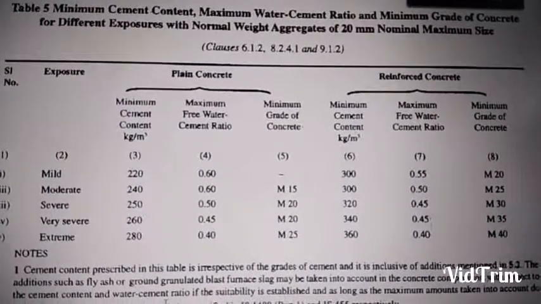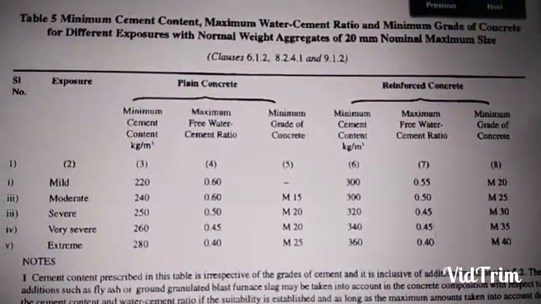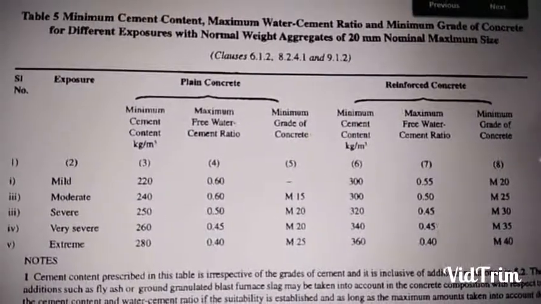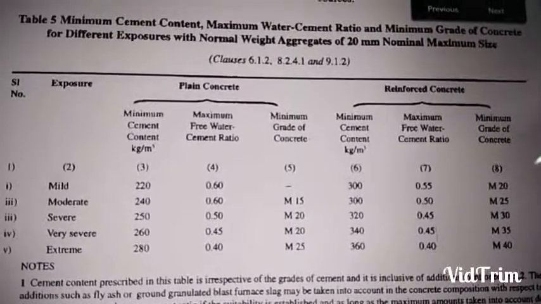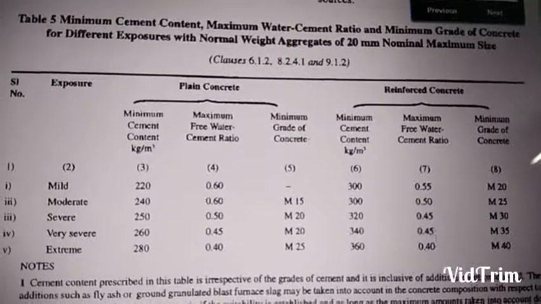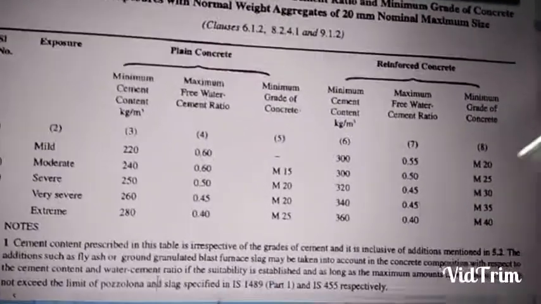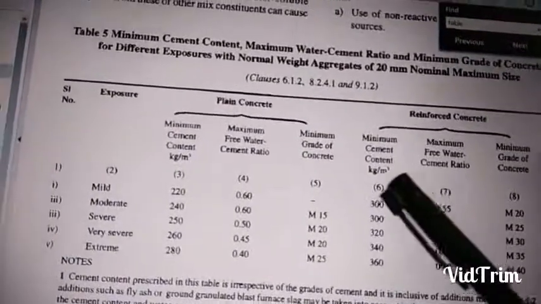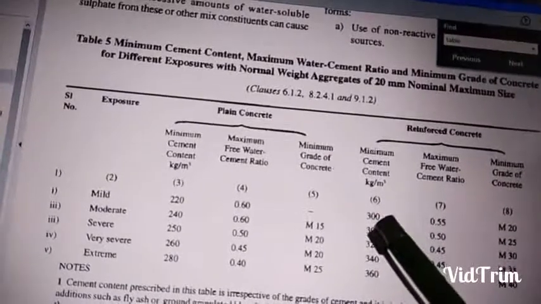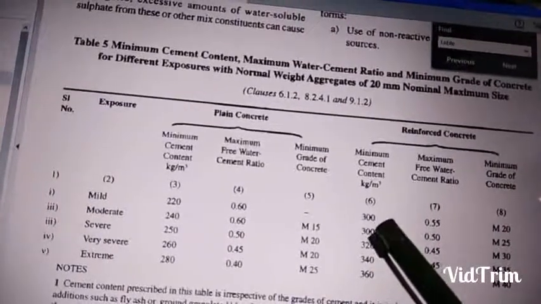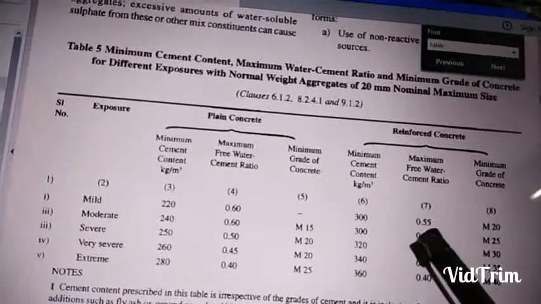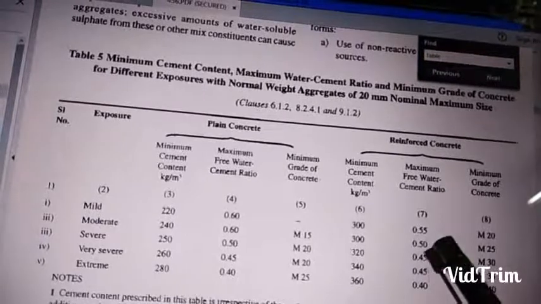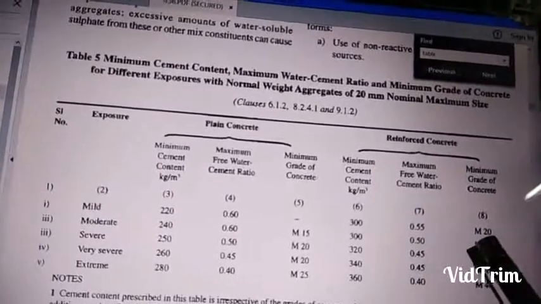Now you can see Table number 5 given in IS 456. We've considered exposure mild, and reinforced concrete. I can show you, 300 cement content, and the maximum free water cement ratio is 0.55 for grade M20.